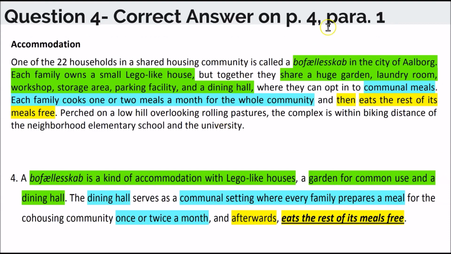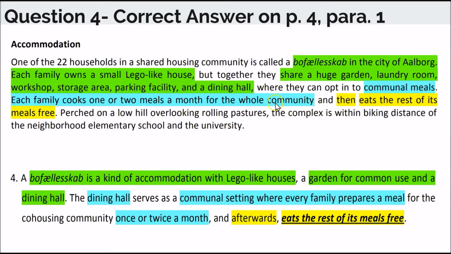The answer is on page 4, paragraph 1, under the subtitle Accommodation. As you can see under this subtitle, you will see the definition of Bophelus cab, where it is and what it is like. And in the rest, you can see what each family does. These are the activities they do in this community place.